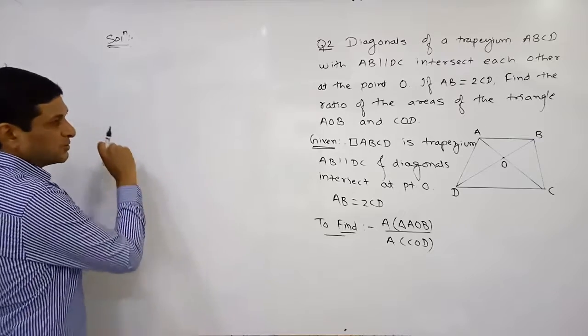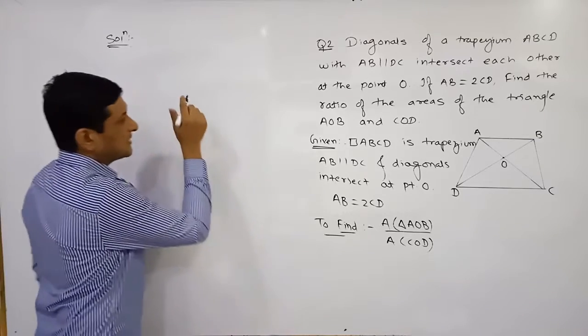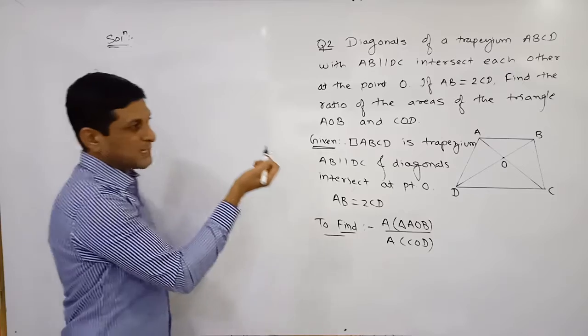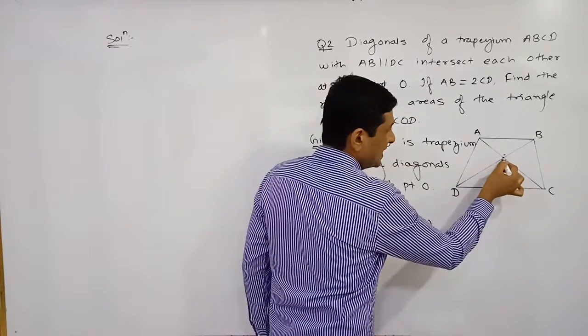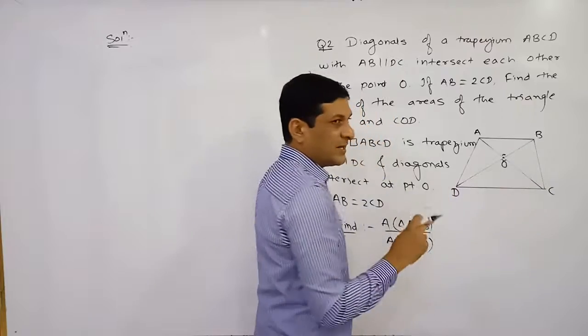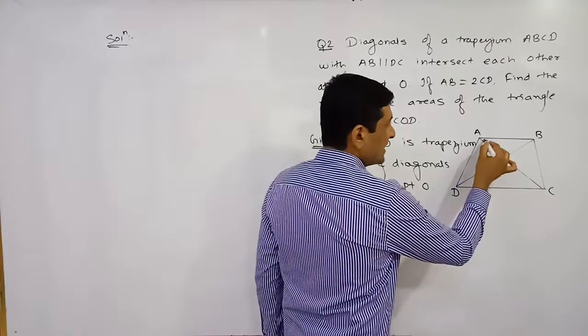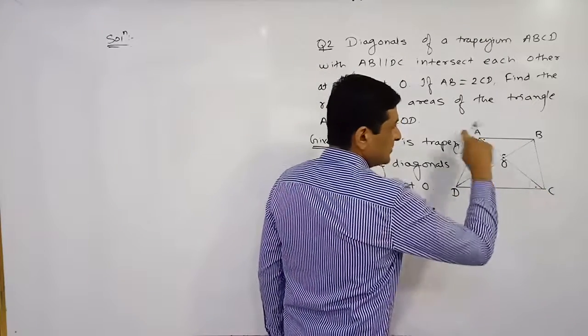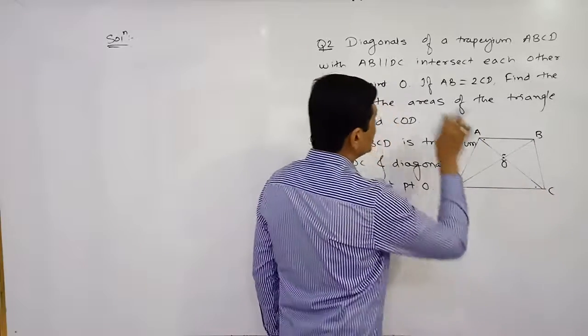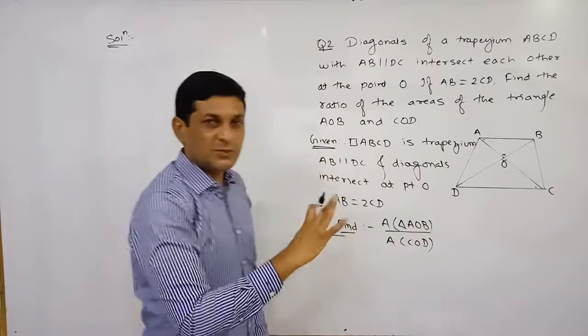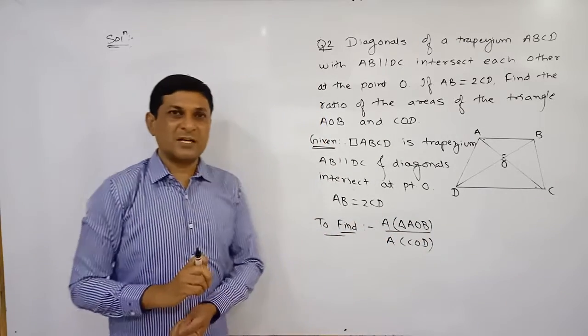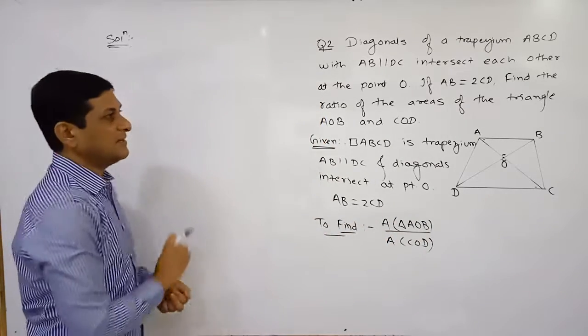So to show that these two triangles are similar, here we can observe that these two angles are equal. Why? Because these two angles are vertically opposite angles, and we can also say that angle A is equal to angle C because AB is parallel to DC. It is given to us, meaning the pair of alternate angles are also equal. So we are able to show that these two triangles are similar by AA criteria.